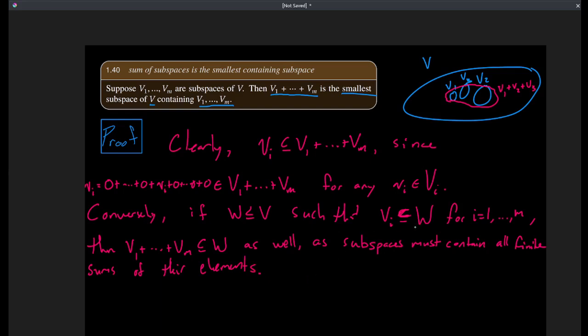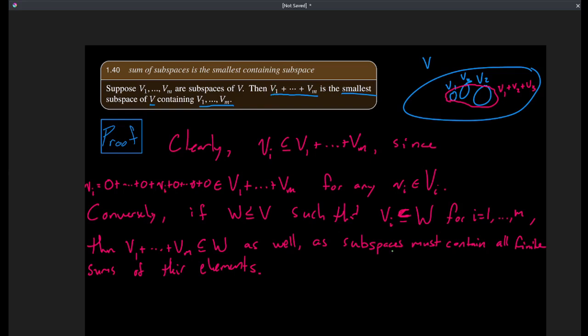So if each Vi is contained in W, then take a thing from V1, okay, that's in W. Take a thing from V2, that's in W. Add them together, it's got to be in W. Then take something from V3, add it to the previous thing, and so on. You've got sums where each element of the sum is a member of the corresponding subspace Vi.